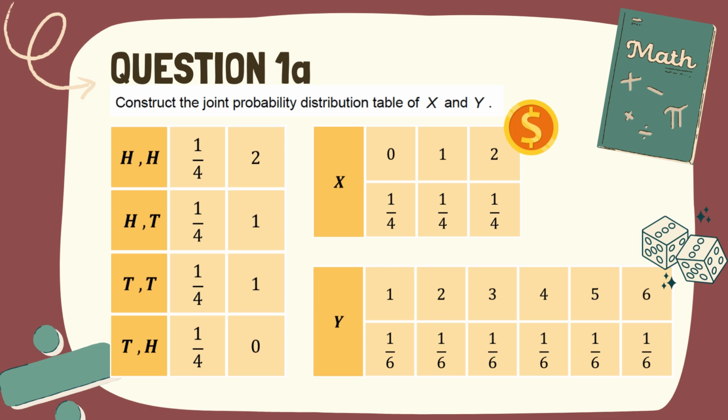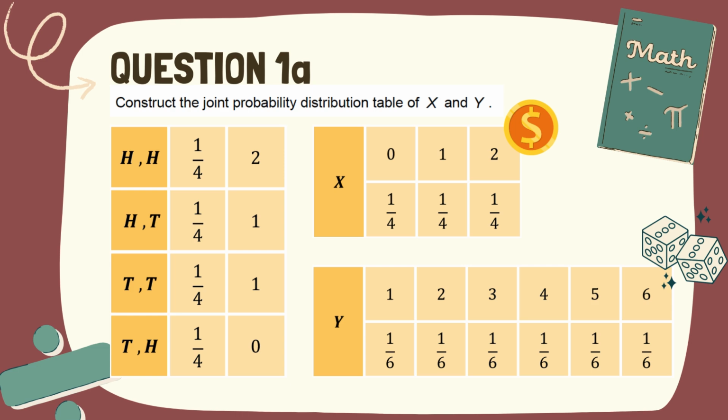We need to determine the possible values of X: head and head equals 2 heads, head and tail equals 1 head, and tail and tail equals no heads. So when tossing two coins, we get possible outcomes of 2 heads, 1 head, and 0 heads. Each outcome has an equal probability of 1/4.